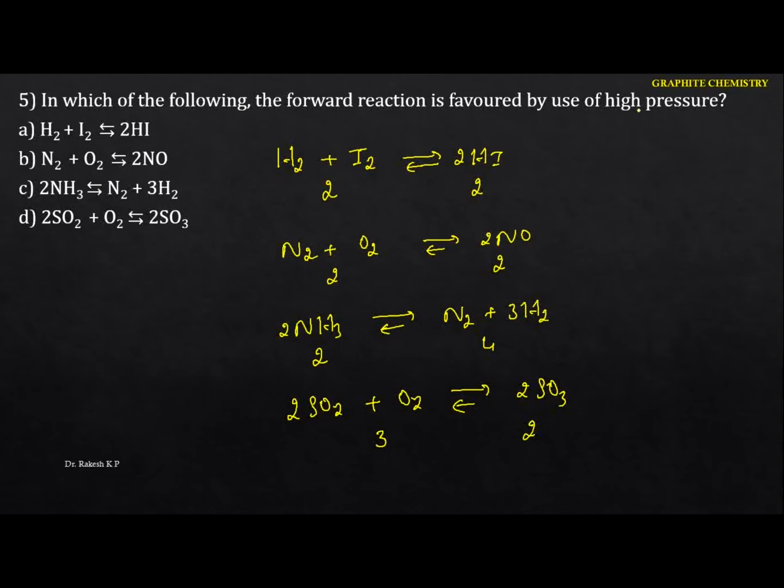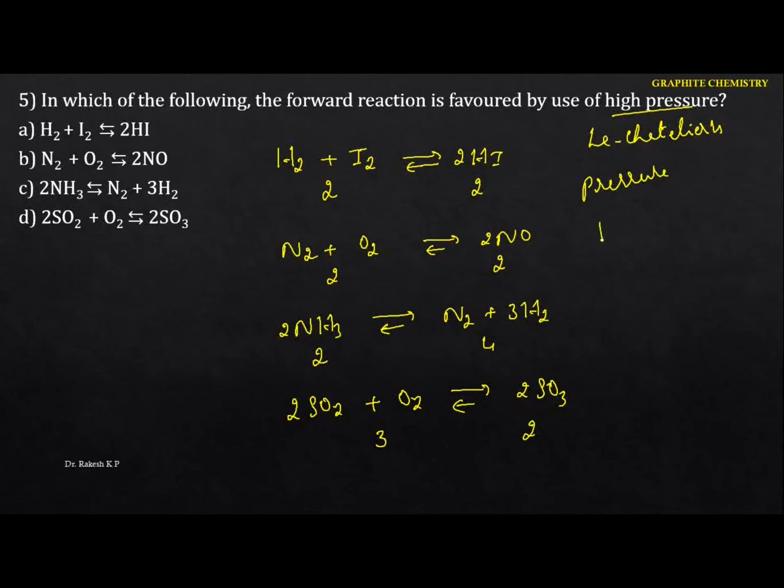Okay. So the effect of the pressure. Again, this is according to Le Chatelier's principle. So what is the effect of the pressure? Now see the effect of the pressure here.